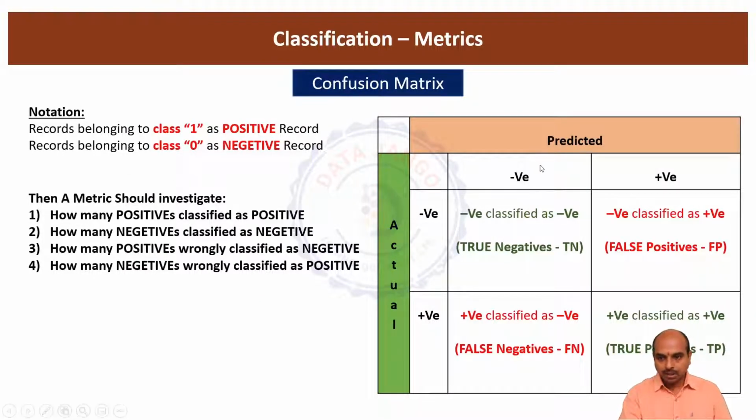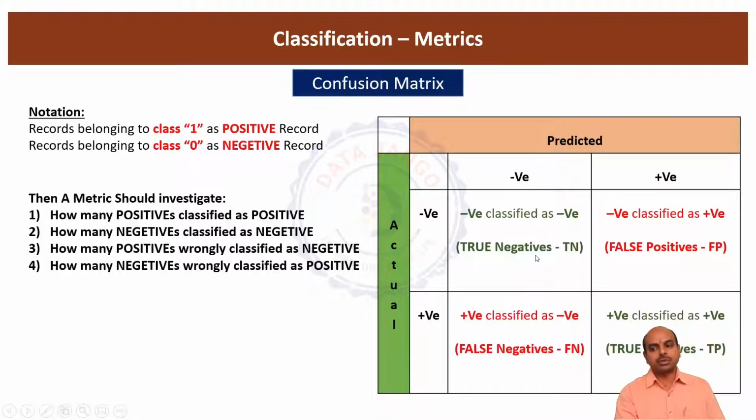If you look at this confusion matrix, row-wise you will see the actuals and the columns are the predicted. It gives you a count of the records which are actually negative and predicted as negative, that is a correct prediction, and actually positive and predicted as positive. When I say positive and negative, positive means a record belonging to 1, negative means a record belonging to 0.